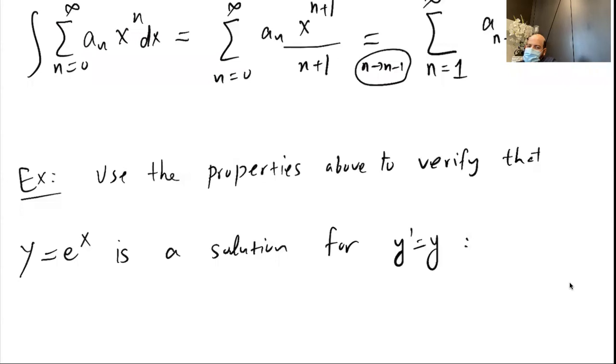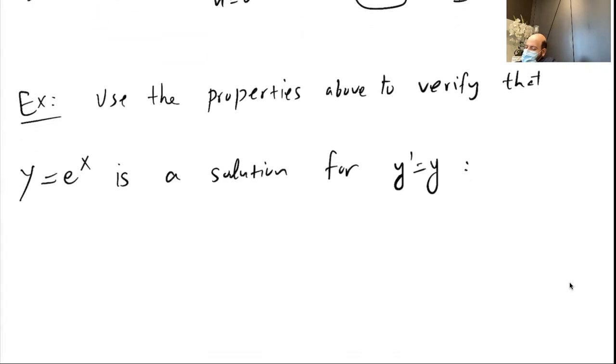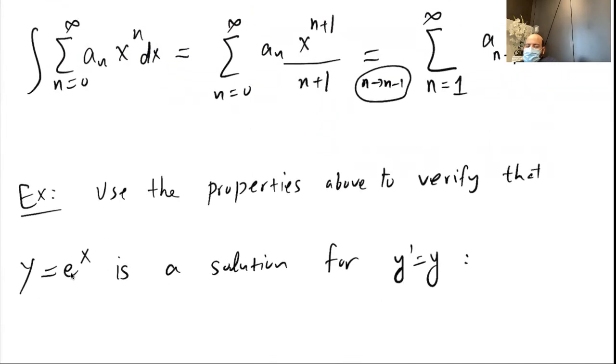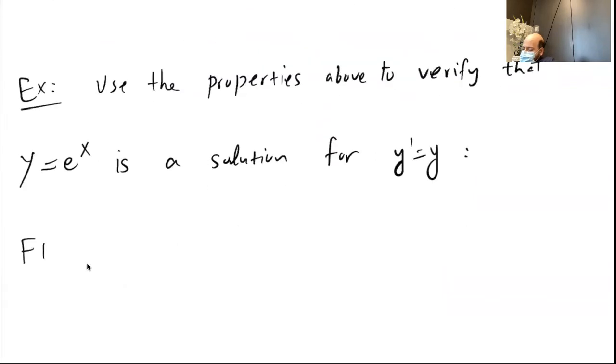Now I want to use the power series method to verify that e to the x is a solution. Well, I have to differentiate this, but we want to use the power series, because that is the purpose of this question. So first, I need to write y equals e to the x as a power series.